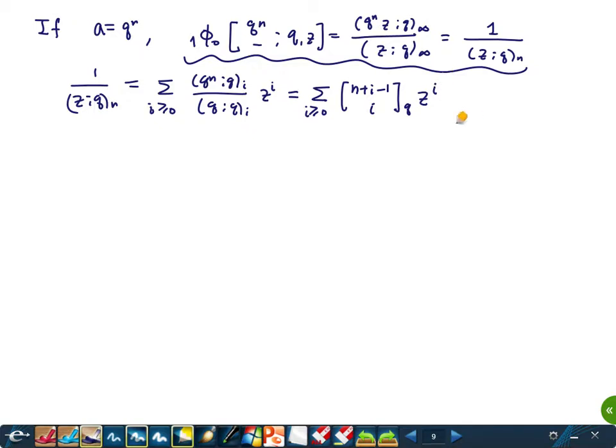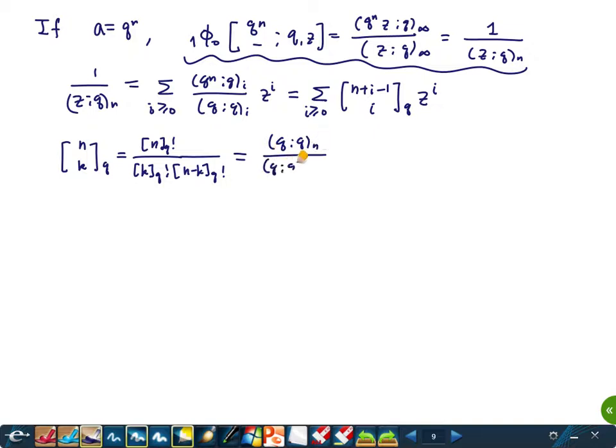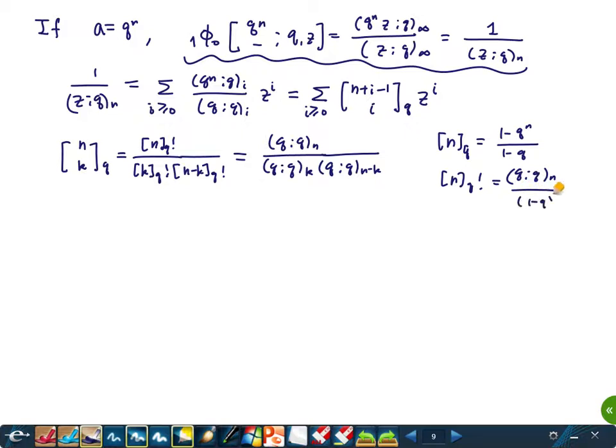Here, if you remember, n choose k, by definition, is equal to (q;q)_n over (q;q)_k (q;q)_{n-k}. Because this n, the q integer, is 1 minus q to the n, and the q factorial is the product of these, 1 minus q to the n.